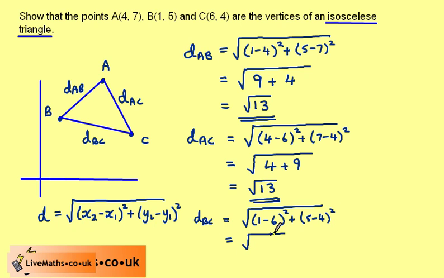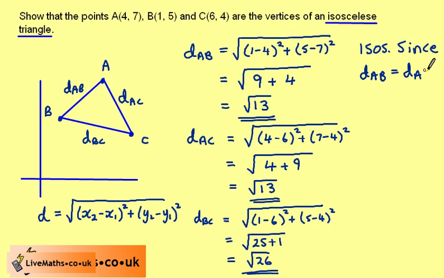Minus 5 squared is 25, and 1 squared is 1, so this is root 26, so this length is not equal. These two are, so we have an isosceles triangle since the distance from A to B is equal to the distance from A to C, making two of the sides the same length.